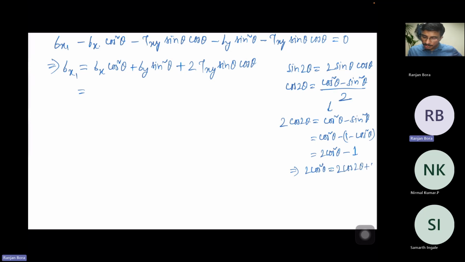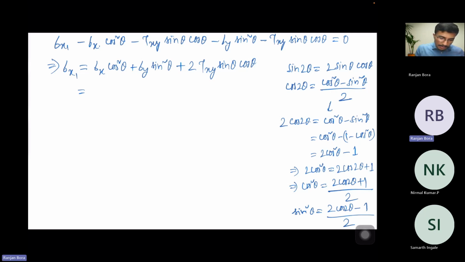Cos square theta is 2 cos 2 theta plus 1 divided by 2, and sin square theta is 2 cos 2 theta minus 1 divided by 2.